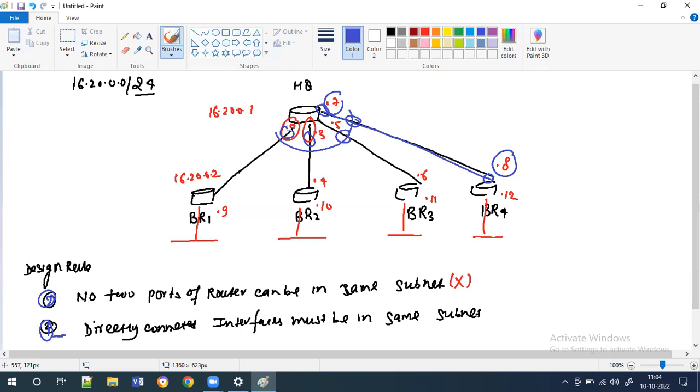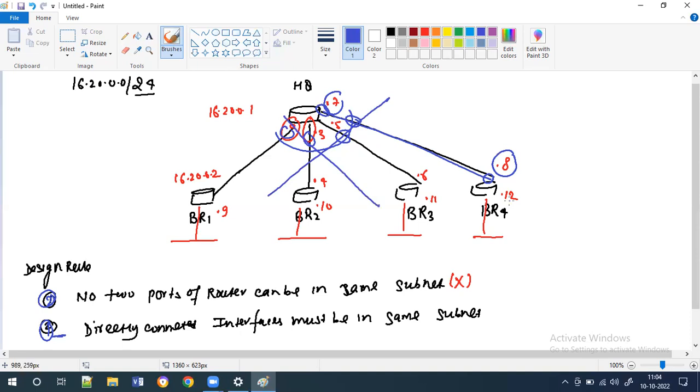So from a design point of view, this IP assignment is incorrect. You cannot use this IP assignment to design our network. It's totally wrong. Then what is the solution?